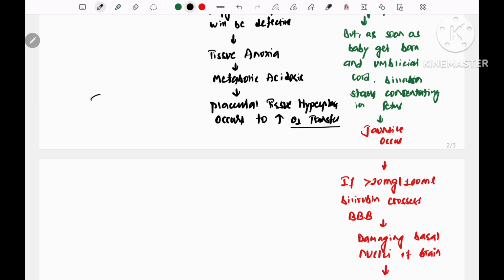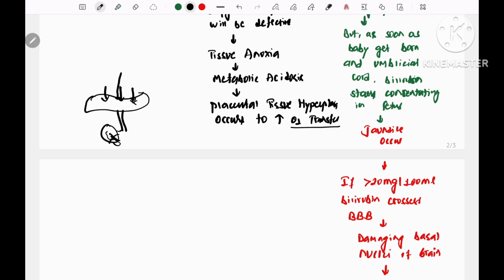The oxygen is reaching in a good amount from the maternal circulation into the placenta, but the problem is in the umbilical cord attaching the fetus. The oxygen transport within the fetal circulation is rapidly decreased due to RBC destruction.